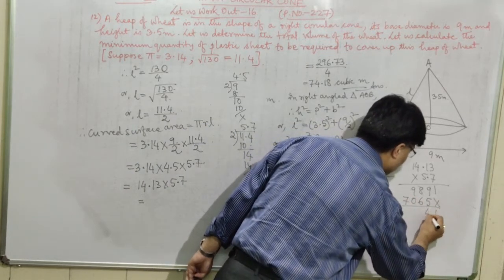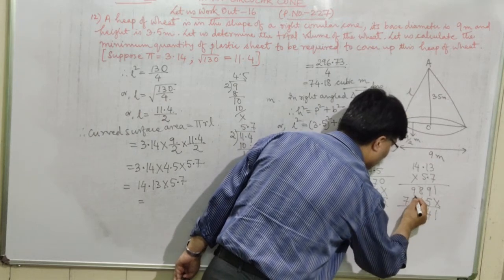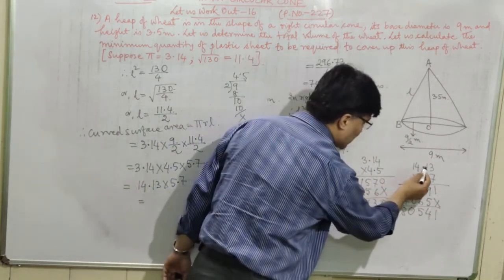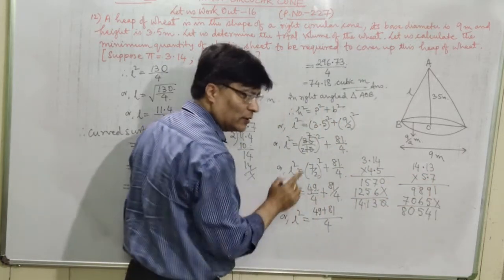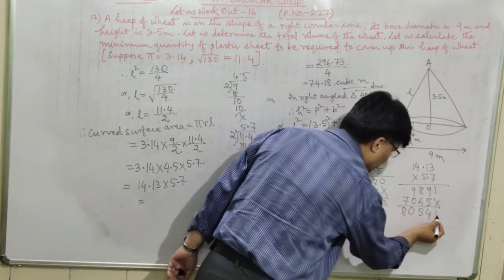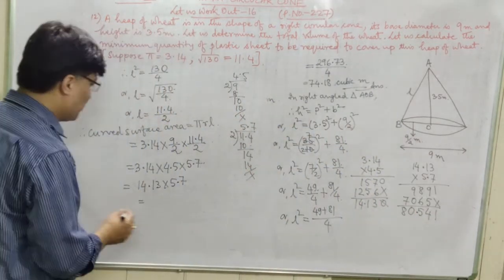So it is 1, 14, 4, 1, 15, 5, 1, 0, and it is 8. So after decimal point there are two figures. After decimal point there is one figure. 2 plus 1 is 3. So you have to write down decimal point before three figures from the end. 1, 4, 5. So it is approximately 80.54.